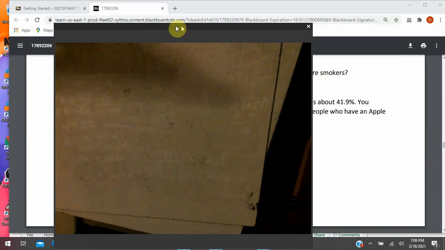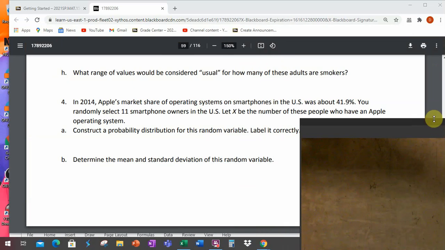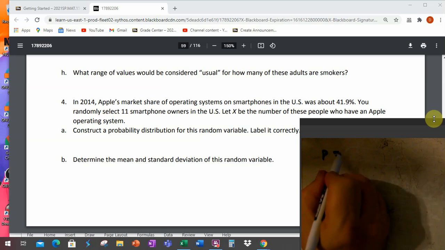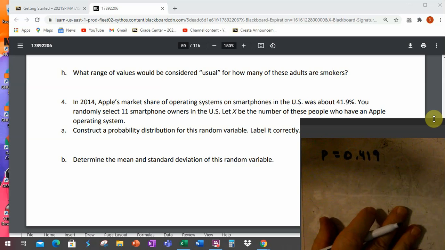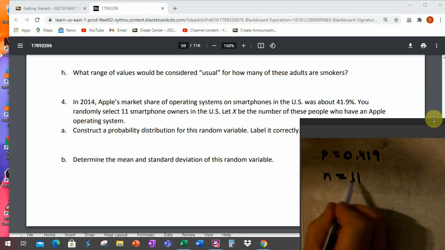Okay, so I just want to check the time real quick. So this, let me write down my pieces first. Your probability of success is 0.419. The number of trials is 11. That's the sample size.